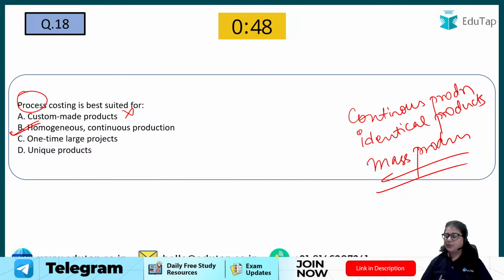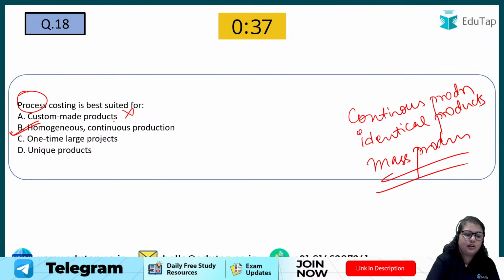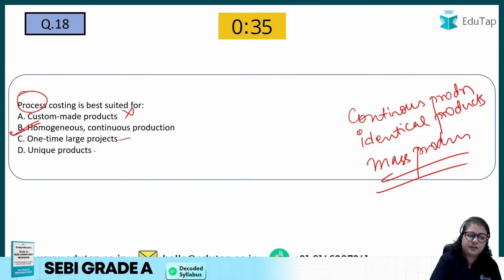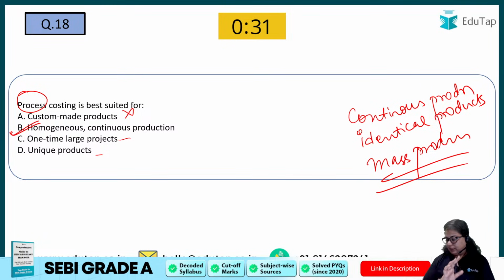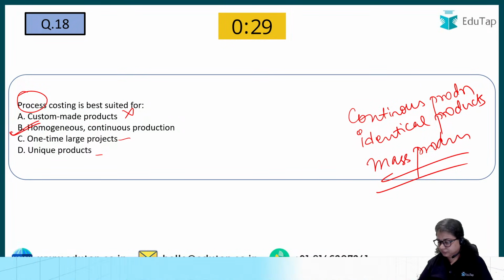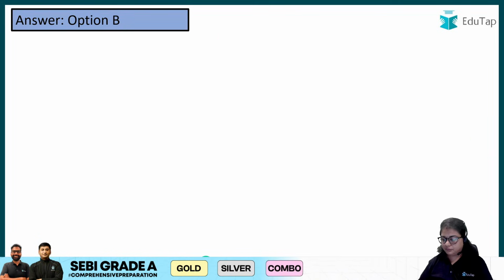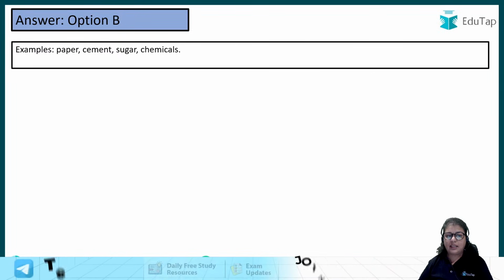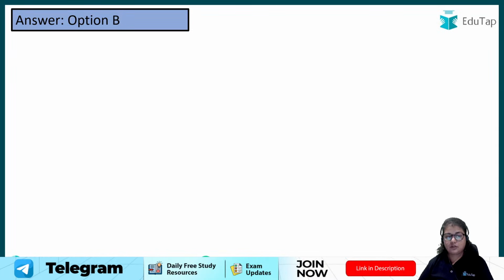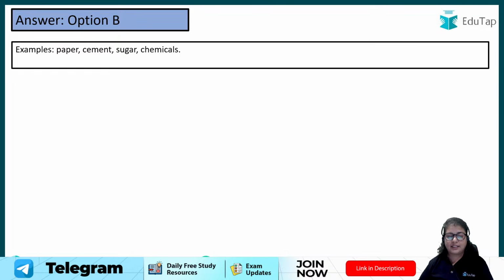So when there is mass production, then there is process costing. Homogeneous, continuous production, and mass production, right? Everybody has given the right answers. Custom made or one time large products, unique products are all contract costing. Paper, cement, sugar, chemicals are all examples of process costing.